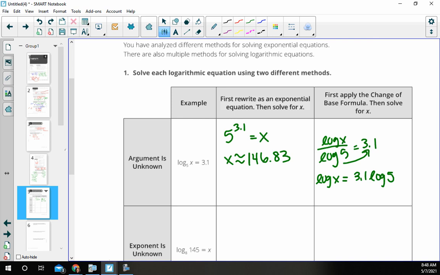Okay, so 3.1 log of 5 gets me to 2.166807013. And then we can convert. So this is a base 10. So I do 10 to that power. And we should get the same answer. So 146.83, same answer.